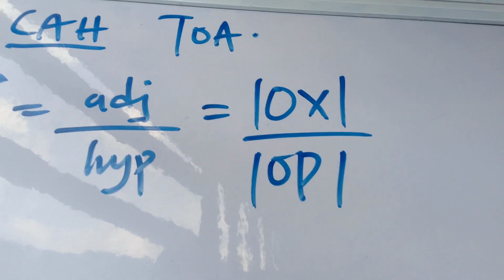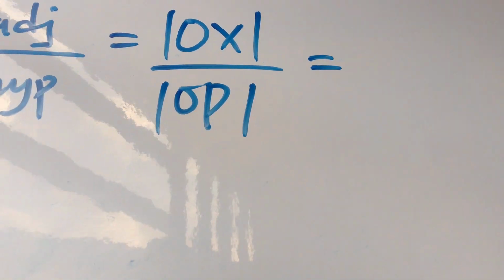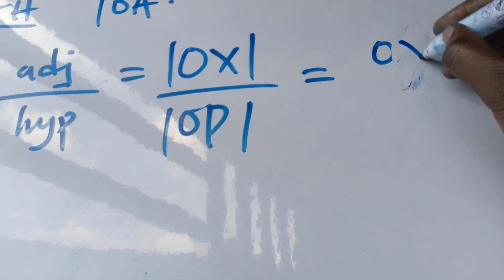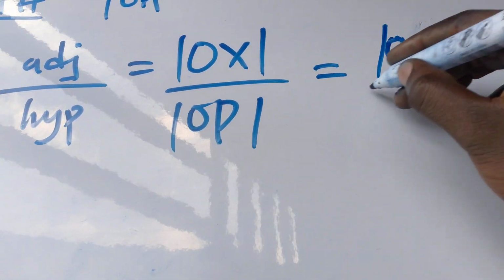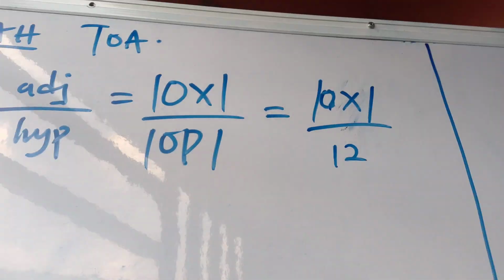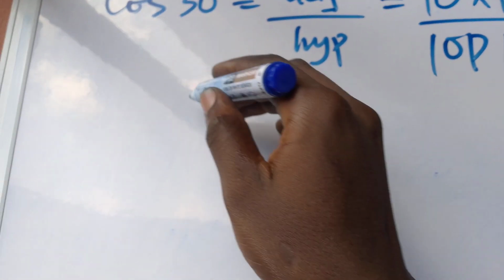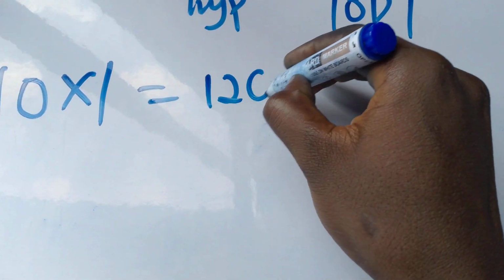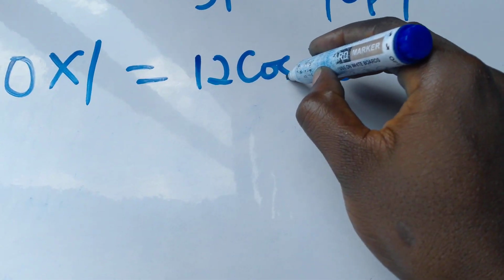Distance OX is unknown, and OP is 12 meters. If I cross multiply, distance OX equals 12 cos 30 degrees.